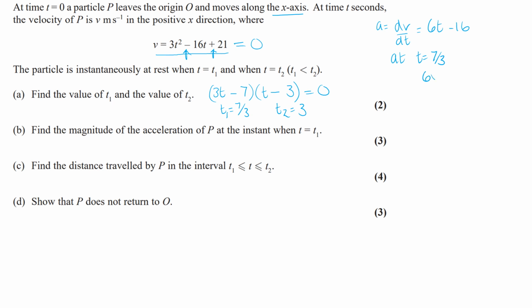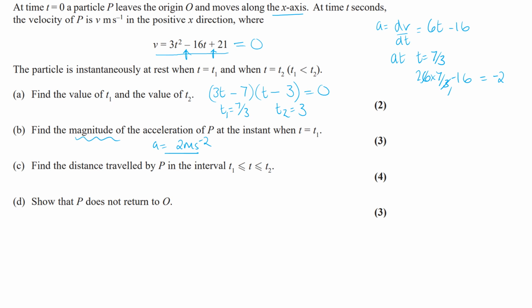So that's going to be 6 times 7/3 minus 16, which is 2 times 7, 14, minus 16, minus 2. Now being asked for the magnitude of the acceleration, so it doesn't matter that we've got a minus number, that it's slowing down, just the sheer size of it is the magnitude, so the acceleration is 2 meters per second squared.